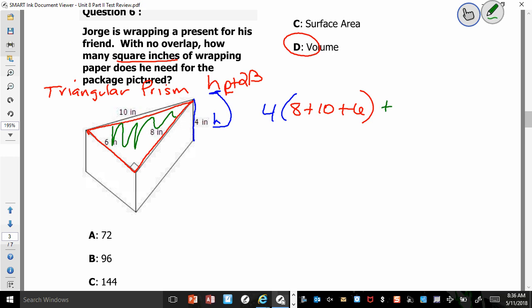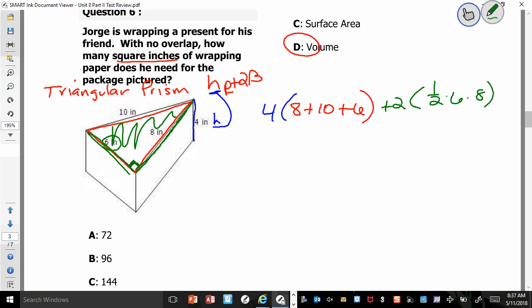So it's going to be plus 2 times 1/2 base. That's the base, 6, and the height, because it's a right triangle. Okay? See that right triangle? That's the height. This is the height. And that's the base. So it's 1/2 times 6 times 8.